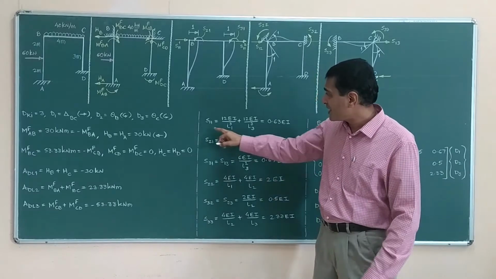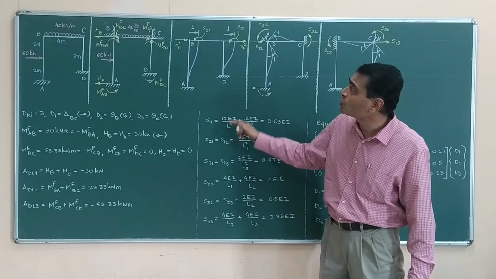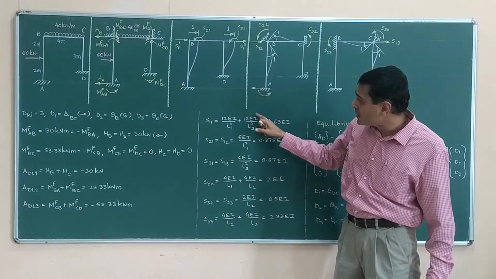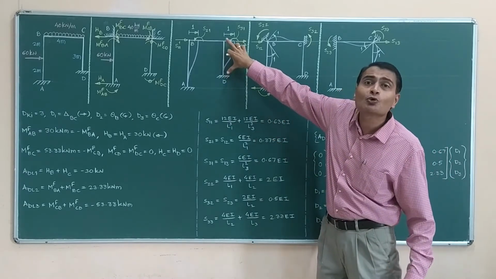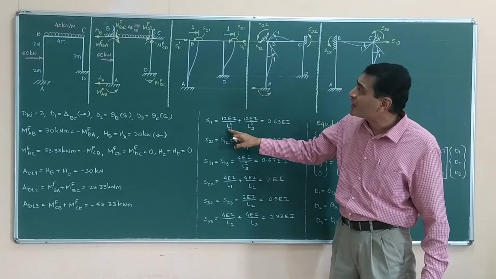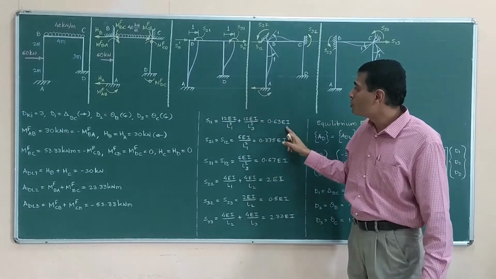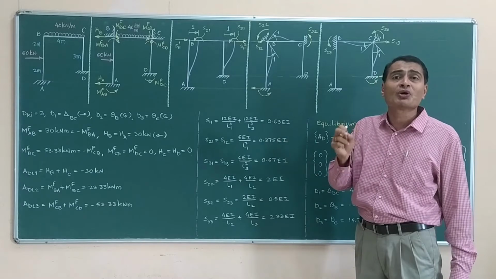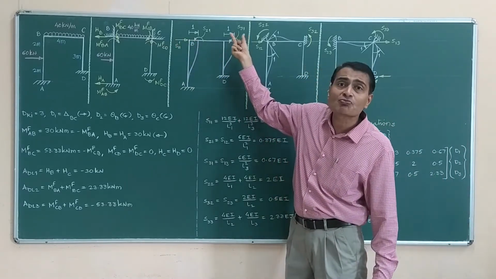So I am writing S11 is equal to 12 EI upon L1 cube, where L1 corresponds to length AB, plus 12 EI upon L3 cube, L3 corresponding to length CD. If you substitute L1 as 4 meters and L3 as 3 meters, you will get 0.63 EI. That is my S11. It is made up of this force as well as this force.